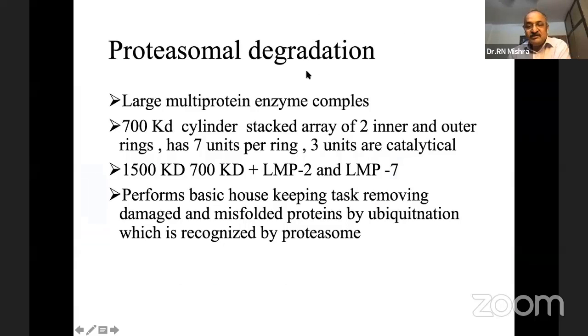This proteasomal degradation is a large multiprotein enzyme complex. I told you it's a very huge complex protein which normally is required to clean the cells of all unwanted protein. Several proteins are synthesized which are not required by the cell, and they are ubiquitinated, and that is the signal so that proteasomes degrade those proteins.